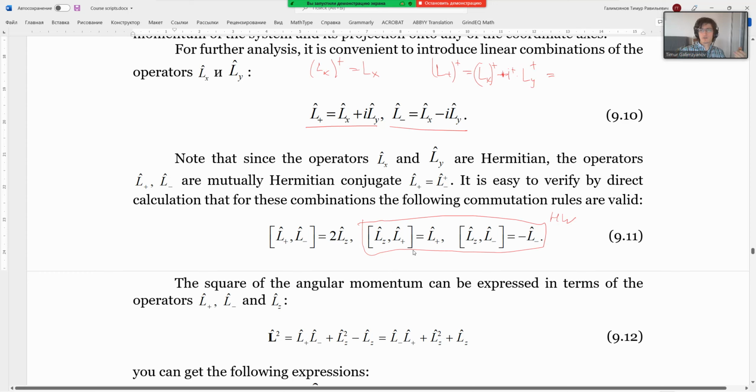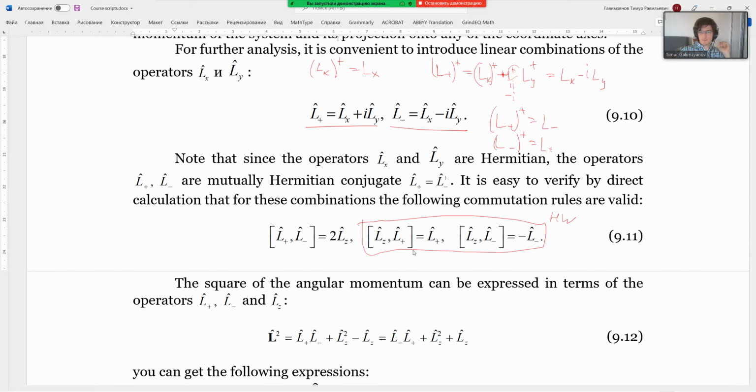Lx conjugated and Ly conjugated equal Lx and Ly, but i conjugated equals minus i. That means Lx minus i Ly. So you see that L plus conjugated gives L minus, and vice versa, L minus conjugated equals L plus. They are mutually Hermitian conjugated operators, but they are not Hermitian. So there is no observable corresponding to these operators.